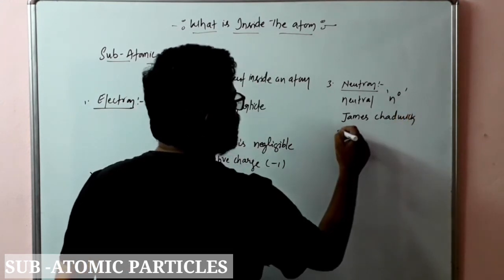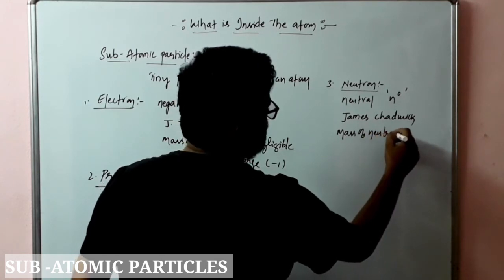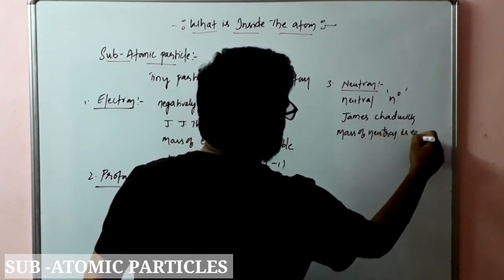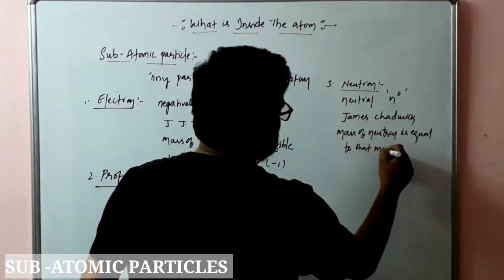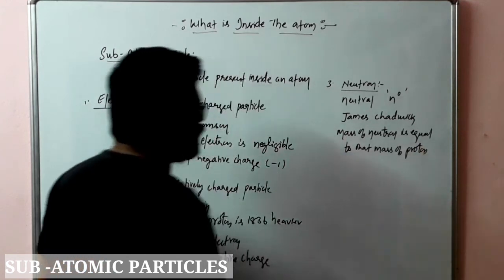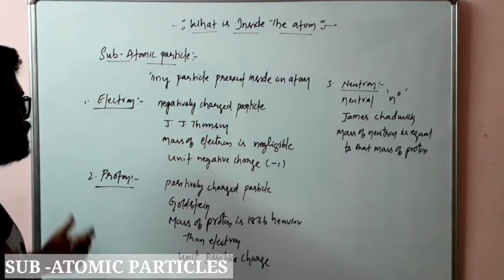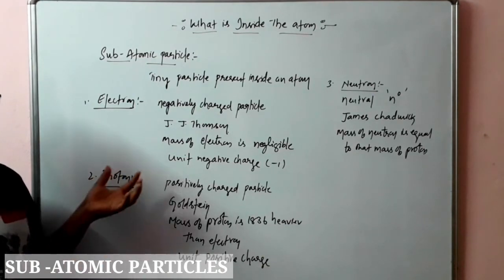When we talk about the mass of a neutron, it is equal to the mass of a proton. So these are the three subatomic particles discovered by different scientists.